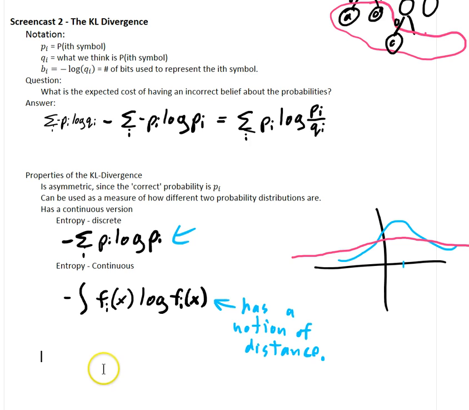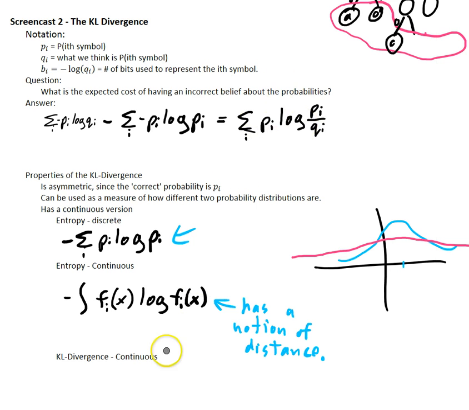So then we can talk about the continuous version of the KL divergence, which will be defined analogously.